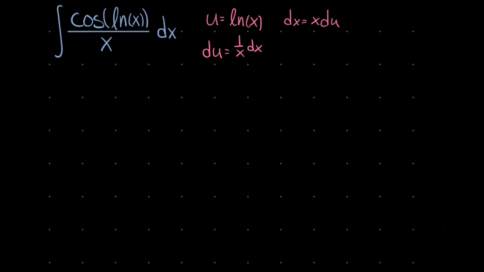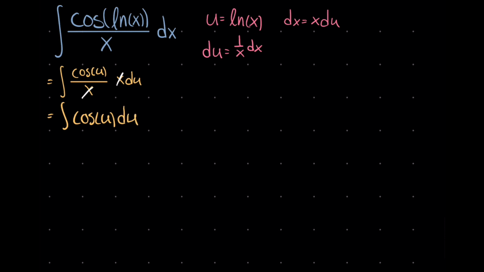Now if we substitute this back into our initial equation, we have the integral of cosine of just u now all over x still, and then dx equals x du, so we write x du here. We can see that our x's nicely cancel out. So all we're left with is the integral of cosine u du.